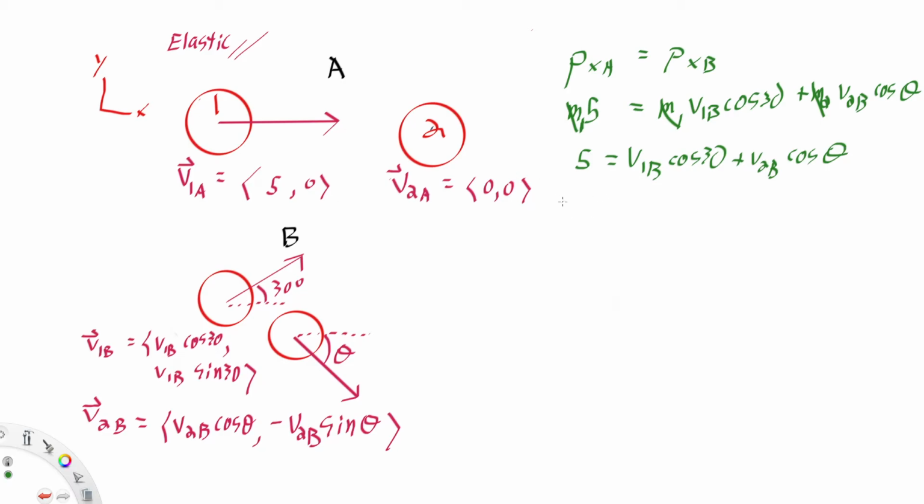In the y direction. Before the collision, there is no momentum in the y direction, so that's a 0. After the collision, we have v1b sine 30 equals, not equals, minus v2b sine theta.